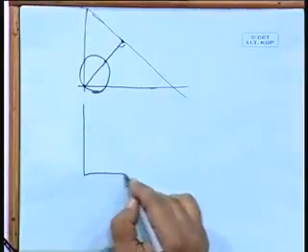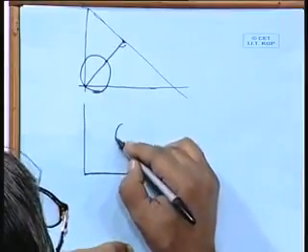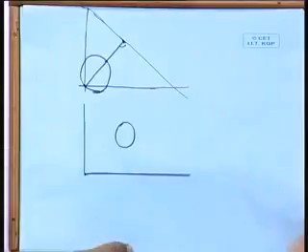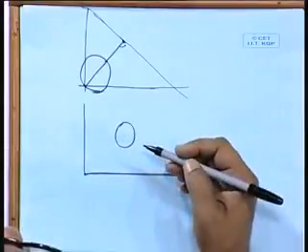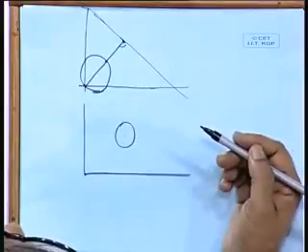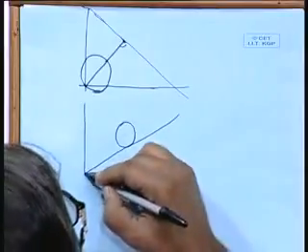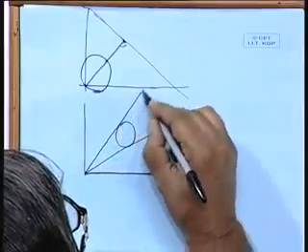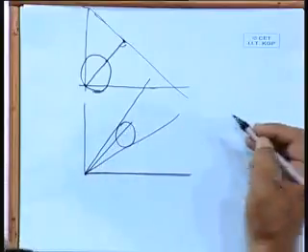Okay. Now, let us take another situation. What will be the inverse of a circle lying outside the origin? That means, the origin lies outside the circle. Will it be again a straight line? So, you join this. Okay. You can take any other line.